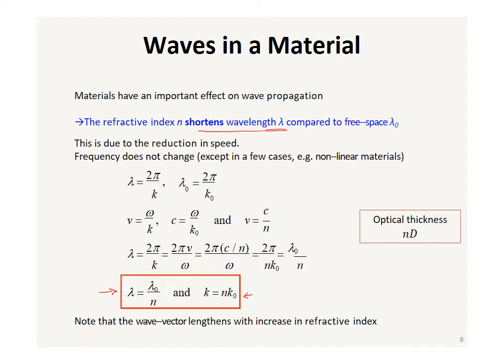I need to introduce this idea of optical thickness now. It is sometimes easier to compare different thicknesses of materials when you also include the refractive index with them, because that, in a sense, includes the fact that the wavelength has changed due to refractive index. Anyway, we'll see that being used shortly.